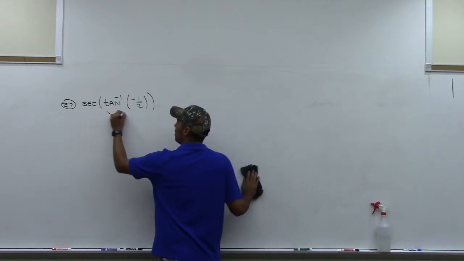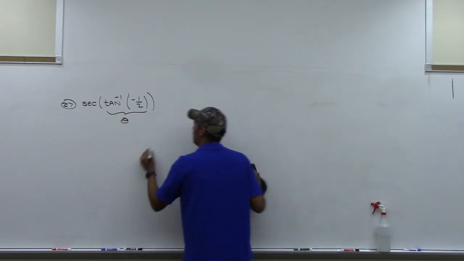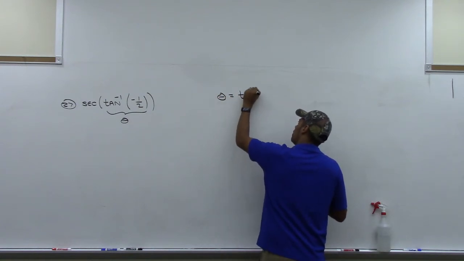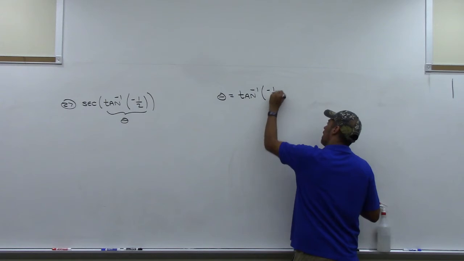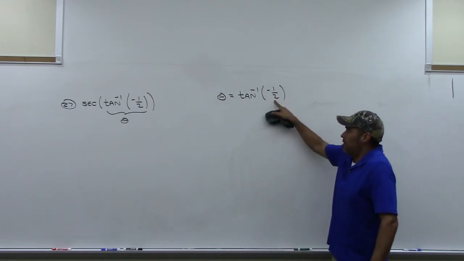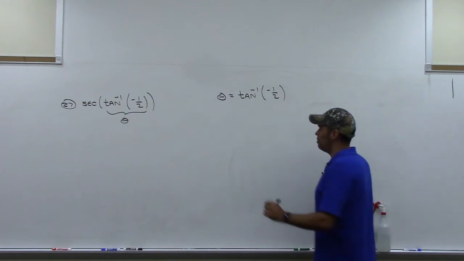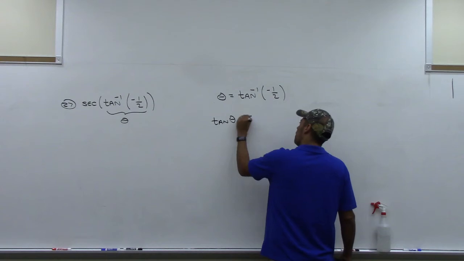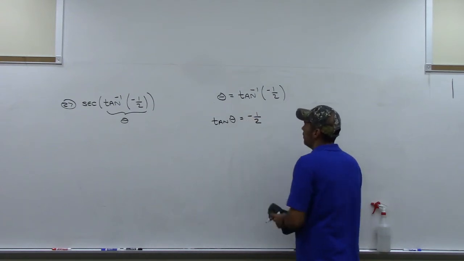Inside here, this is an angle. So theta must equal arctangent of negative 1/2. Now, arctangent is valid for any value here. So I should be able to use a cancellation and take tangent on both sides. And I should get negative 1/2.